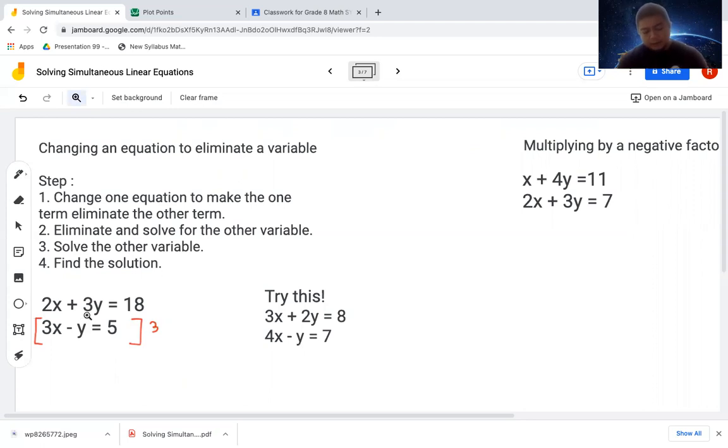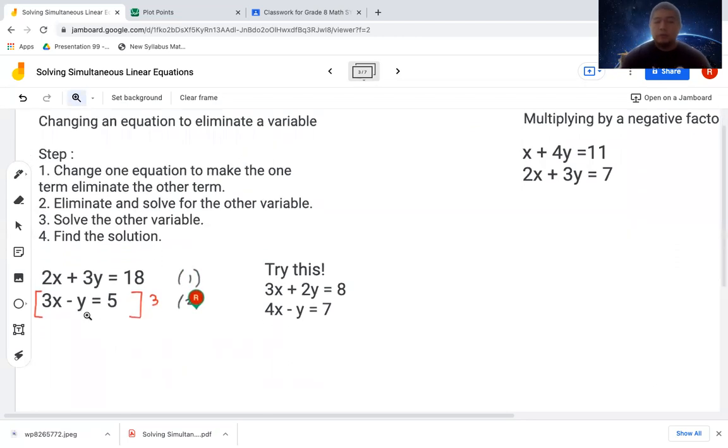So in this case, equation number 1 will stay the same, and equation number 2 will give us a new form of the equation. So this is going to be 2x plus 3y is equivalent to 18. And equation number 2 is going to give us 9x minus 3y is equivalent to 15.